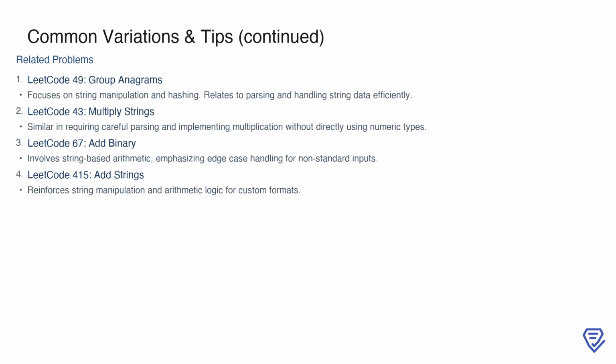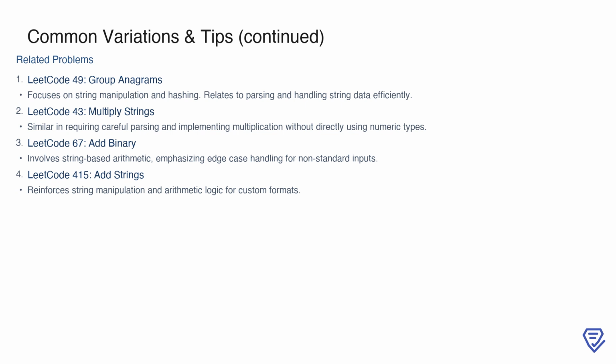This problem is closely related to a few others on LeetCode that can help reinforce the underlying concepts. For example, LeetCode 49, Group Anagrams, focuses on string manipulation and hashing, which ties into efficiently parsing and handling string data. LeetCode 43, Multiply Strings, is another great comparison, as it requires careful parsing and implementing multiplication without directly relying on numeric types.